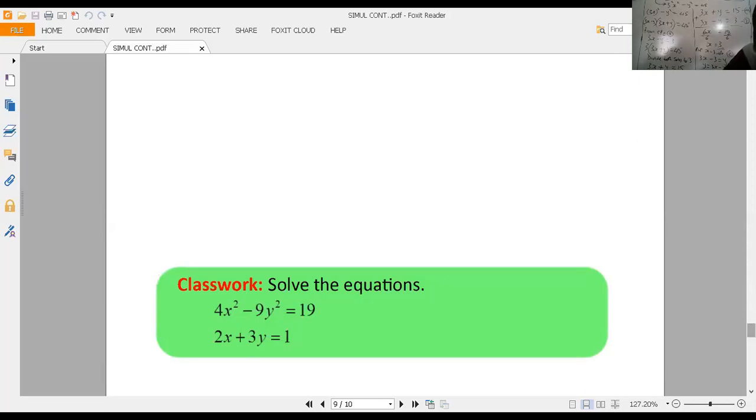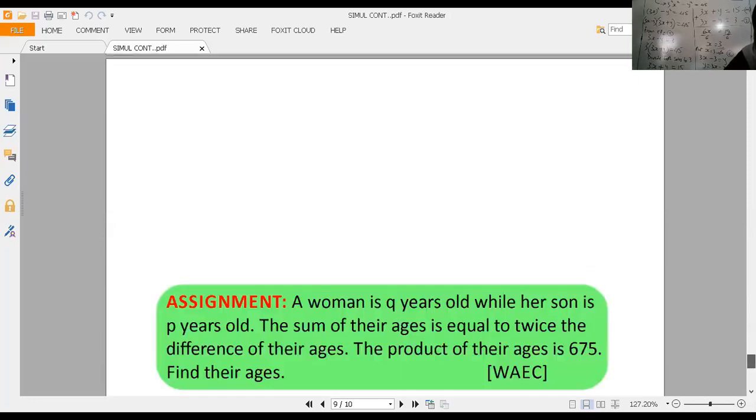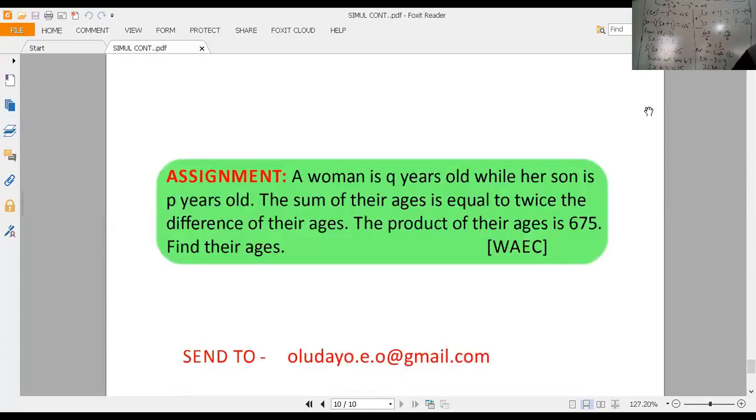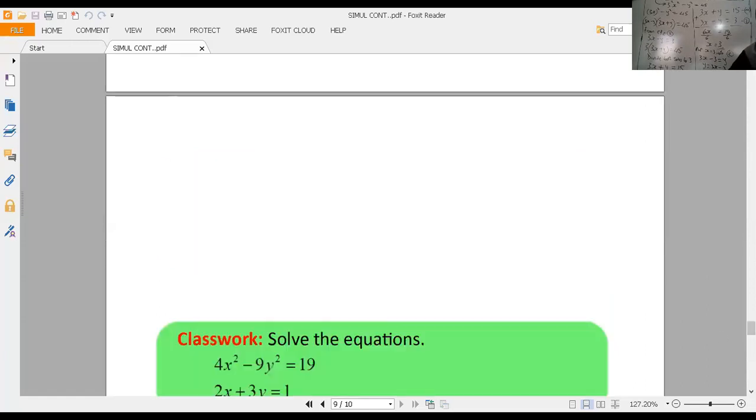I know why the keypad is just jumping. Okay. Put it as your classwork.